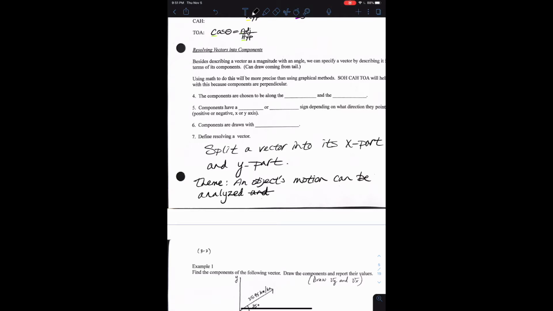So an object's motions can be analyzed in each direction independently of the other direction.